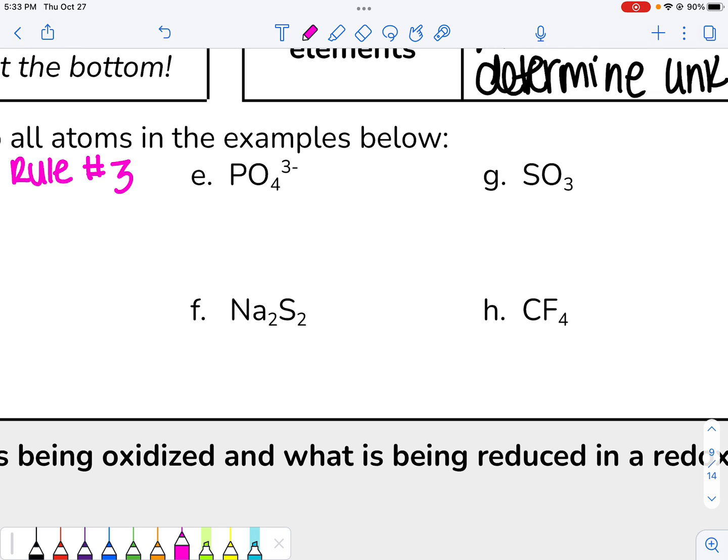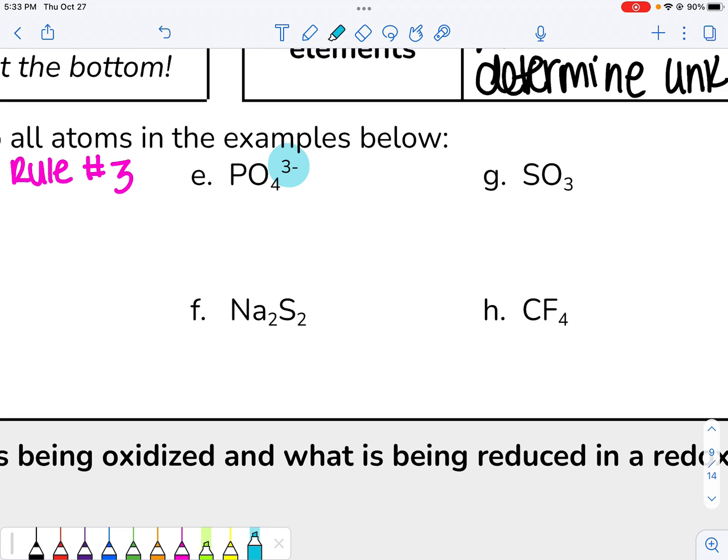Okay, next example. Let's talk about PO4. I'm going to jump over to letter E now. So PO4 3-, this is our phosphate polyatomic ion. Rule number 2 for this says that the sum of the oxidation states must add up to the charge of the polyatomic ion, which here is 3-.